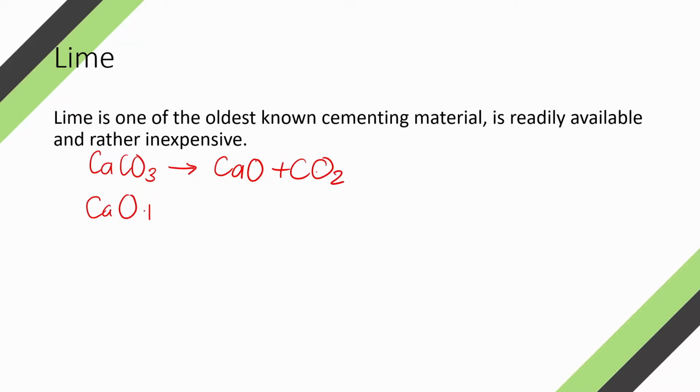So, kapag dinagdagan natin siya ng tubig, H2O, it will turn into calcium hydroxide. So, kapag dinagdagan natin ng tubig yung ating quicklime or yung ating calcium oxide, it will turn into calcium hydroxide, Ca(OH)2.